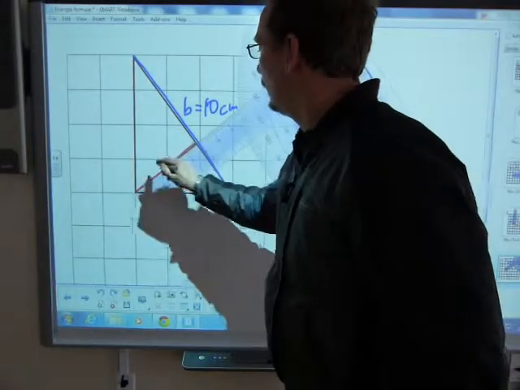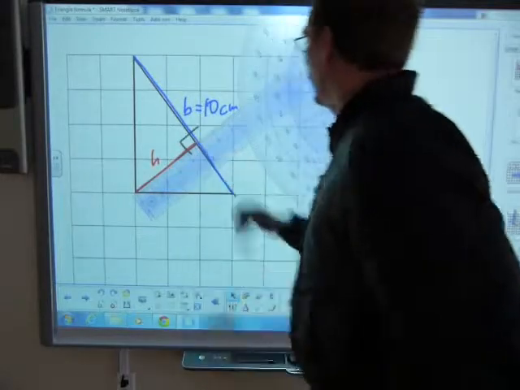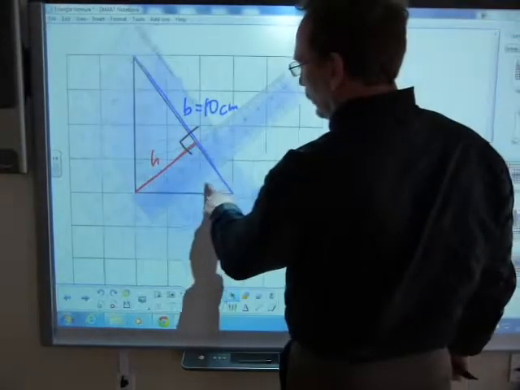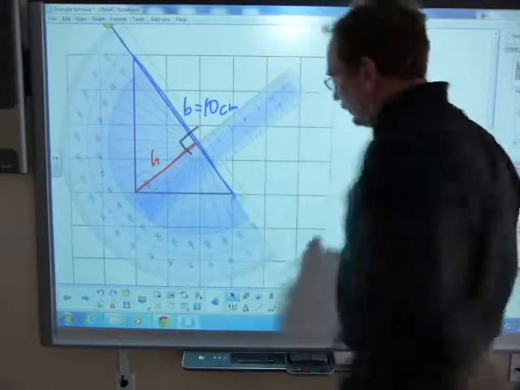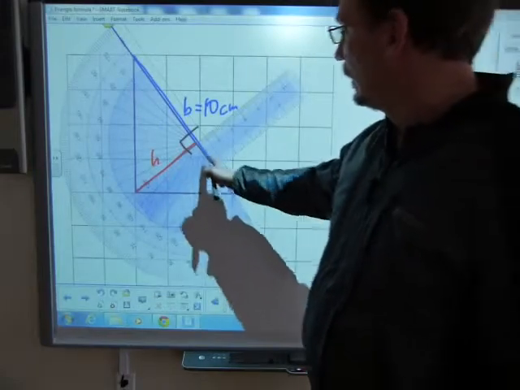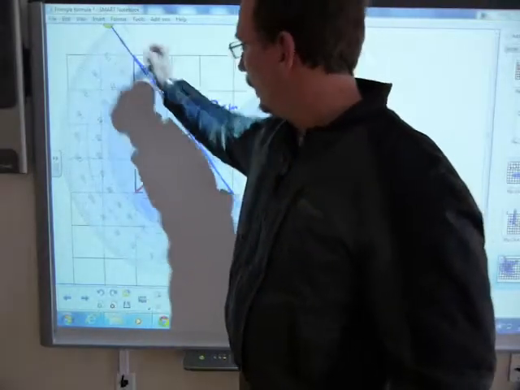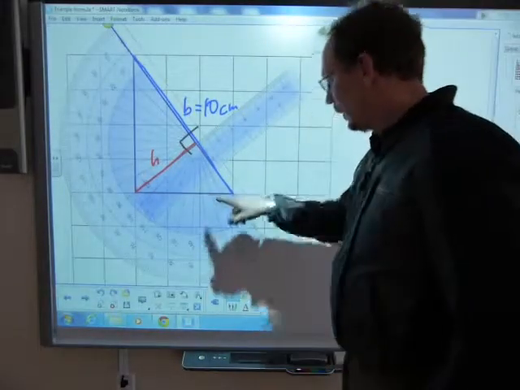There's the height. Sorry, I forgot the red. And there's your square corner. Let me put it back this time correctly. You can see that that line intersects that corner. The protractor is lined up, there's your 90-degree corner. It's all good.